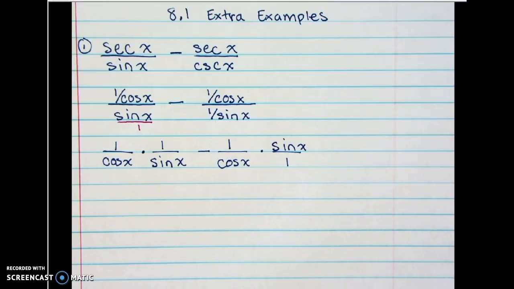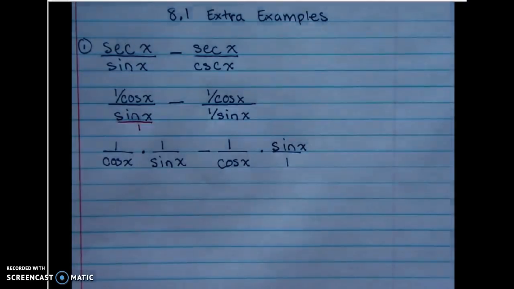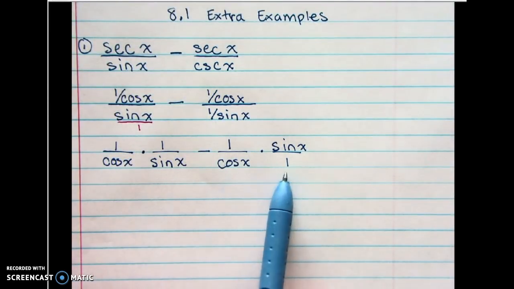So what we need to do in order to add and subtract fractions is we have to have a common denominator. So this will have a common denominator if we multiply, this has cosine times sine, and this has cosine times 1.